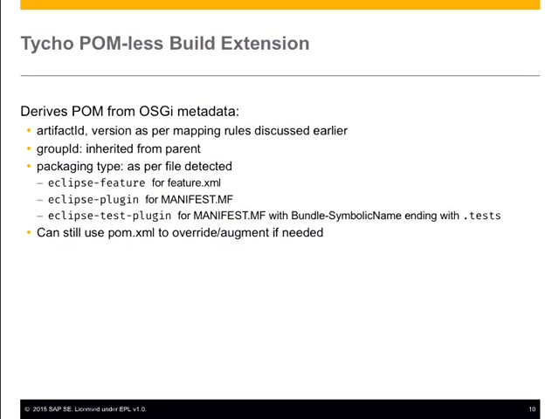And then there's also a special case when you have a manifest, and by convention, we just say, okay, bundles that have a symbolic name ending with .tests, as is the normal convention in the Eclipse space, we use Eclipse test plugin as a packaging type, which will make Tycho automatically execute any JUnit tests that are found inside this bundle.